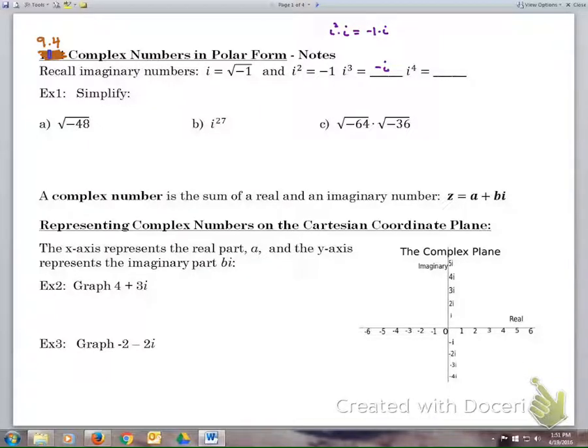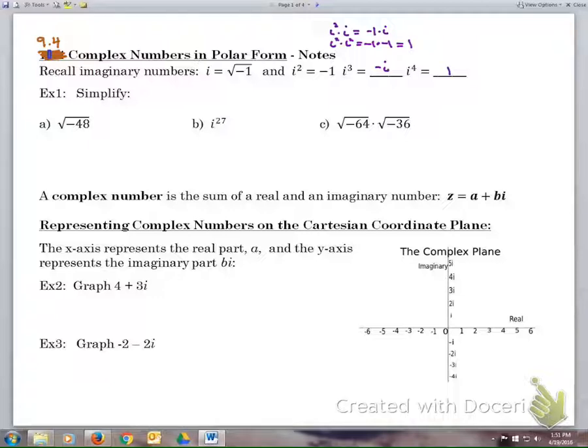And then i to the fourth is i squared times i squared, which gives you positive 1. So when you're simplifying negative roots, you can use this concept here.